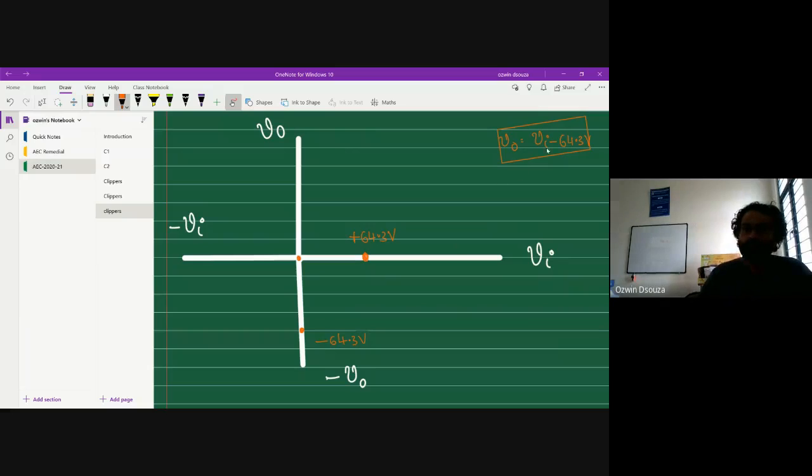Then you can start allotting the values for input. When input jumps to 1 volt, 2 volts, and so on. Finally, when the input reaches 64.3 volt level, what happens to the output?